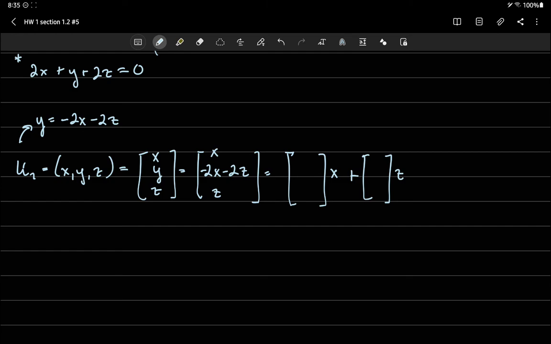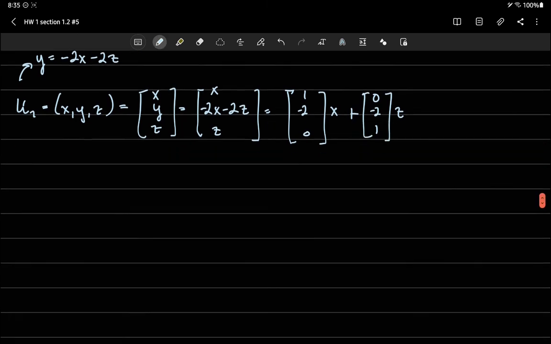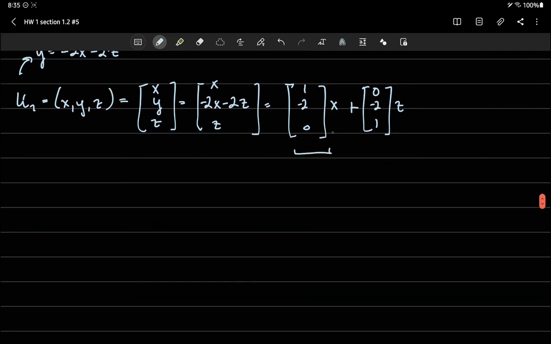So there we go. How do we get x on the first row? We have to multiply by 1 over here and 0 over here. We have negative 2 and negative 2 for the second row, so that's what we're going to do for coefficients. And we need just z, so 0, 1. That's our combination.